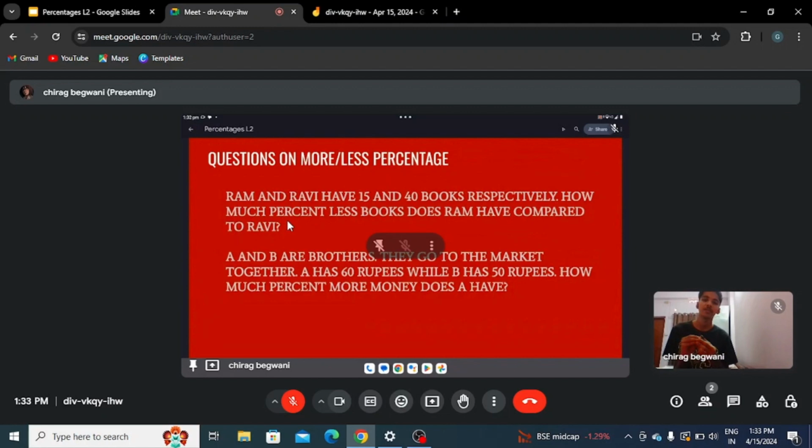First one, Ram and Ravi have 15 and 40 books respectively. How much percent less books does Ram have compared to Ravi? Now, first I will say 15 is A, and 40 is B over here.